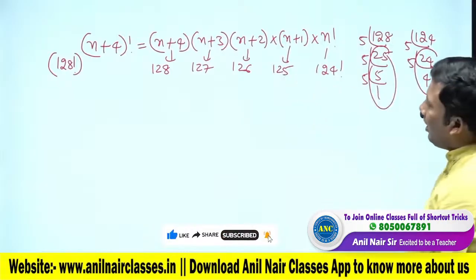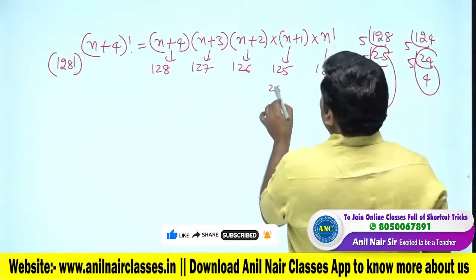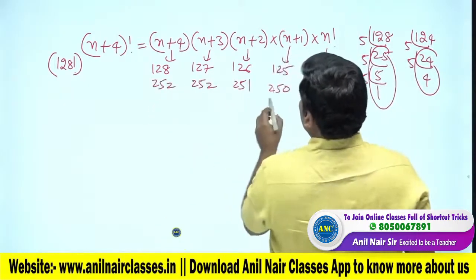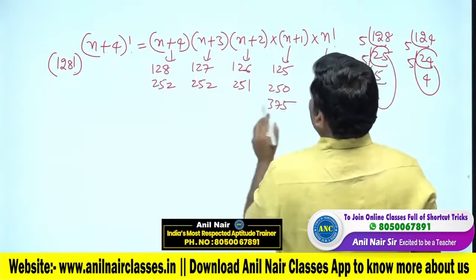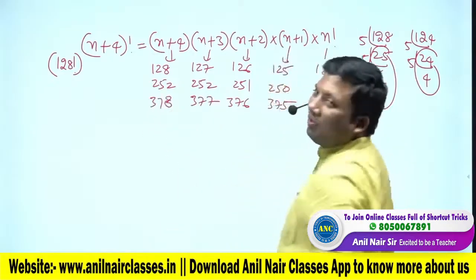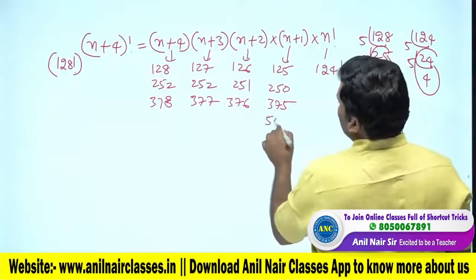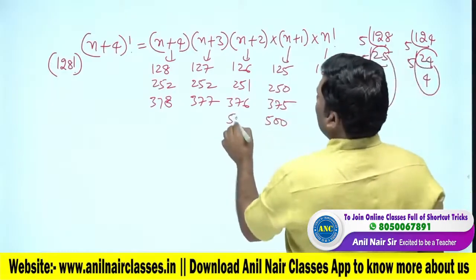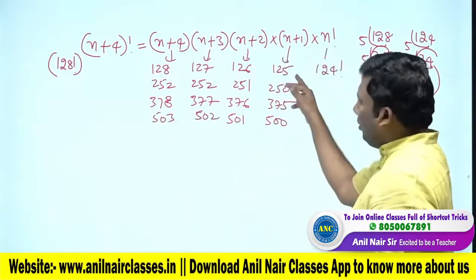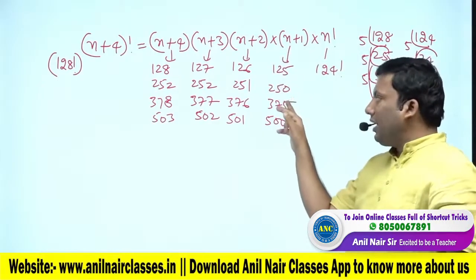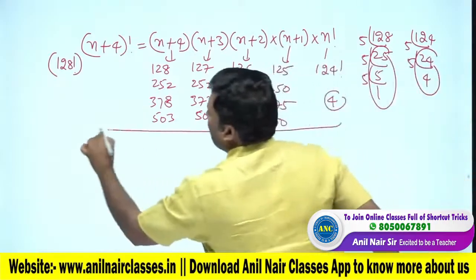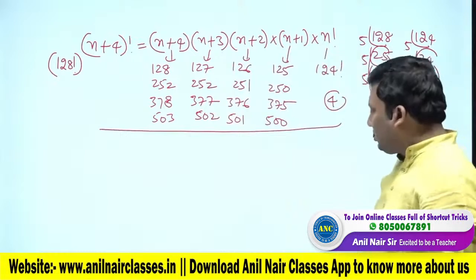Or it can be 250, 251, 252, 253; 375, 376, 377, 378; 500, 501, 502, 503. N value will be 124, 249, 374 and 499. How many cases? 4 cases. This is case number 1.